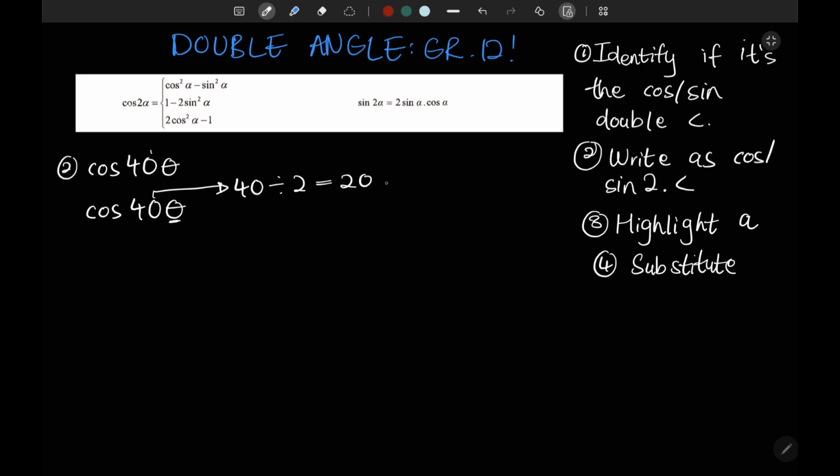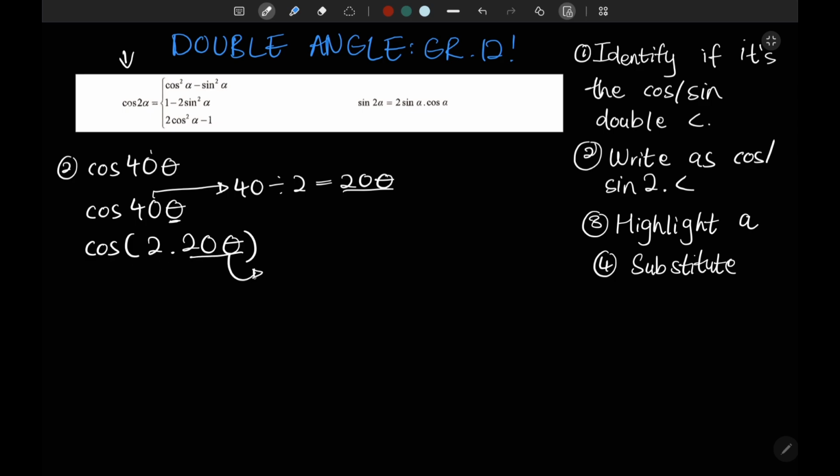But you have theta here, so it should be 20 theta. Don't forget that angle. So you write this as cos 2 times 20 theta, because it looks like cos 2 alpha. Step 3, highlight your alpha.